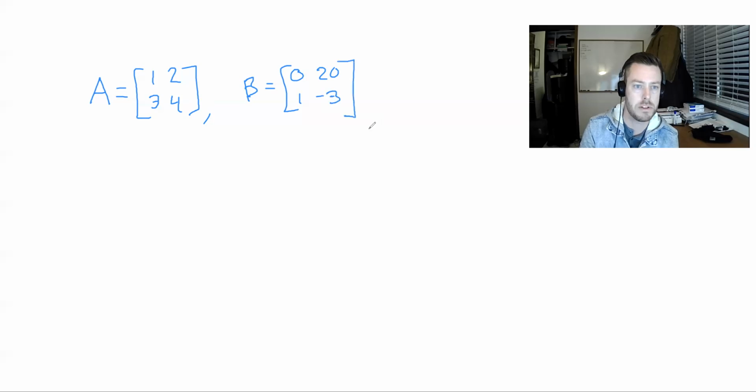I'm just making these numbers up. As you see, they're both 2 by 2 matrices, right? So I'll do 2 by 2, 2 by 2 here. So in that case, I should be getting a matrix C. And what would the dimensions of that be? Well, this is going to cancel out with this, and I'm going to get 2 by 2. So clearly, this is a 2 by 2 matrix, right?